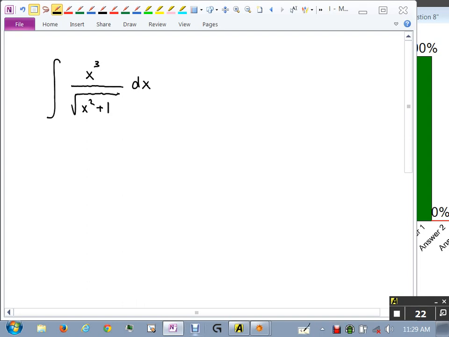All right, so when I'm looking at this, I'm thinking, okay, if u is x cubed, what's the derivative of x cubed? 3x squared. I have an x squared here, right?